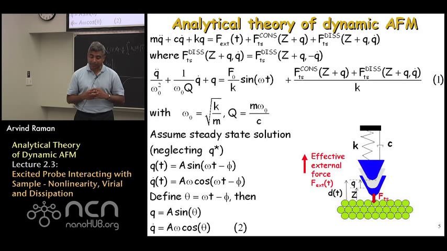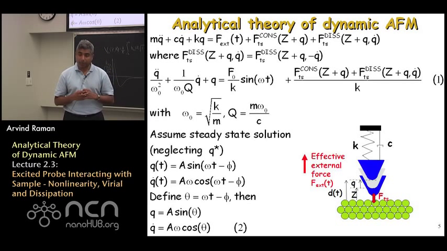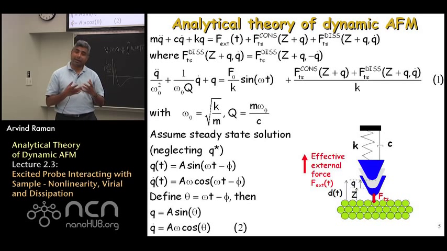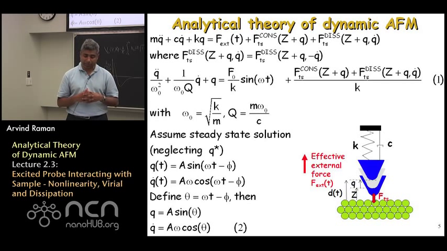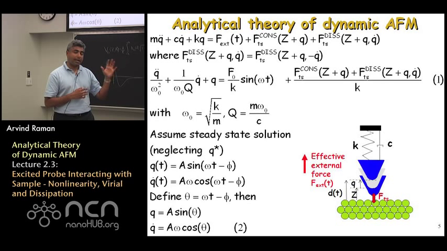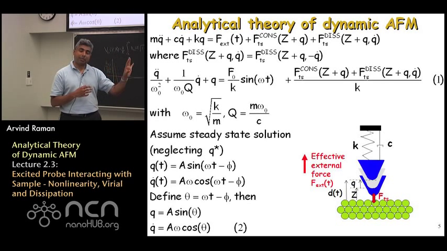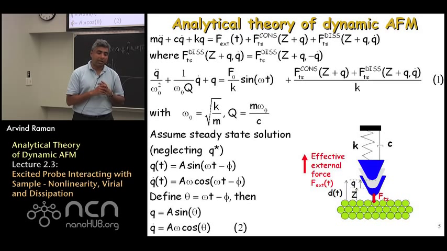So let's begin with this and write down the equations of motion for the directly excited point mass oscillator model interacting with the sample. I have gone ahead and written the tip-sample interaction force as the additive decomposition of conservative interactions and dissipative interactions.